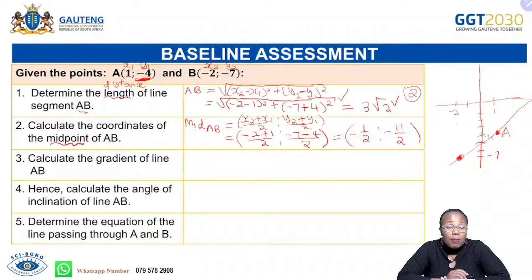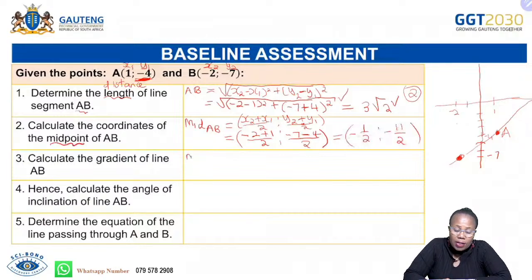And then now, number 3, calculate the gradient of a line AB. To calculate the gradient, look at the notation. M is for gradient. MAB is a gradient now of AB. And then that will be the y2 minus y1 over x2 minus x1.